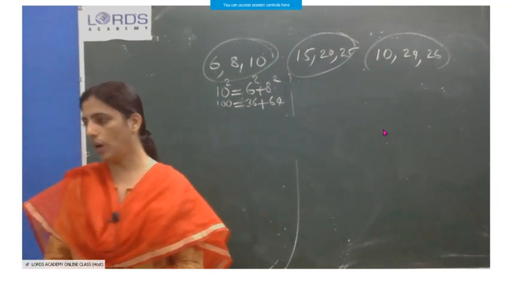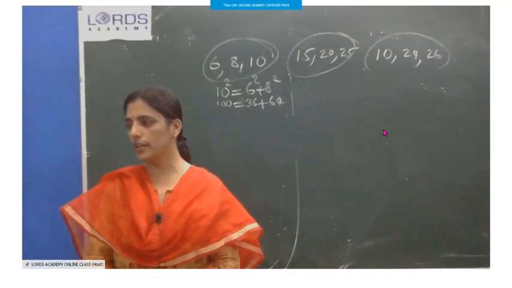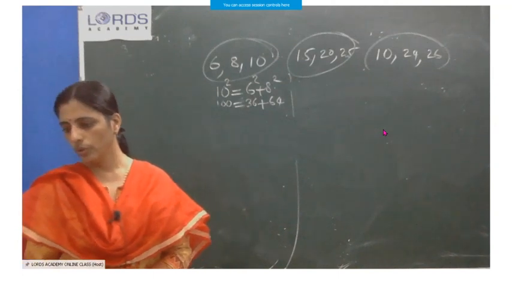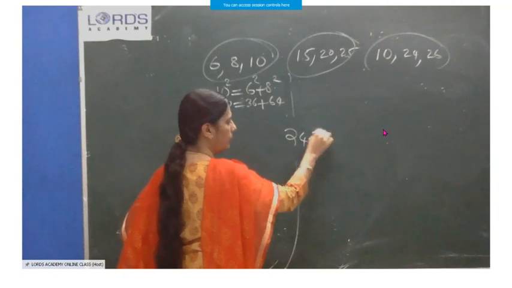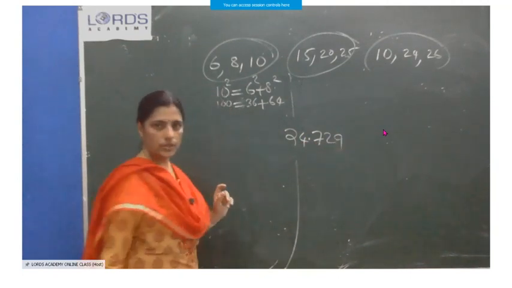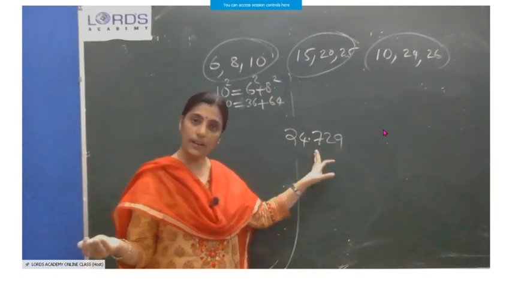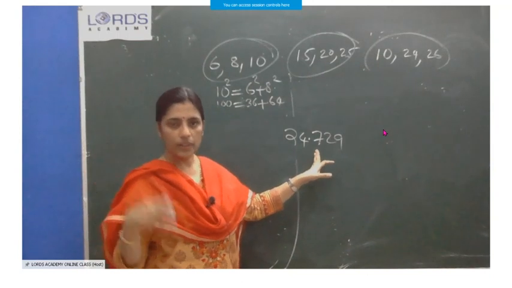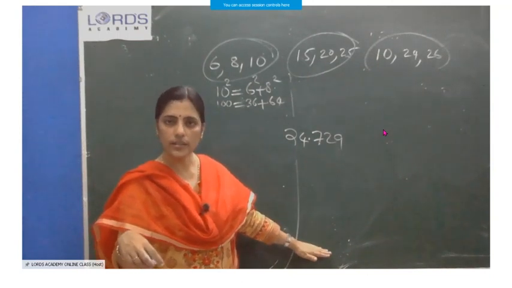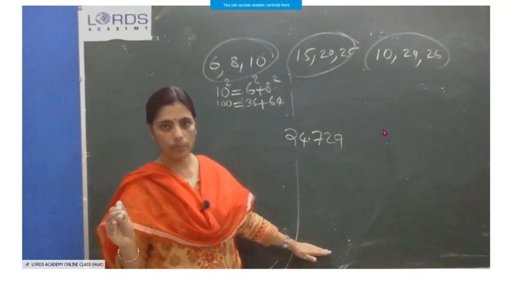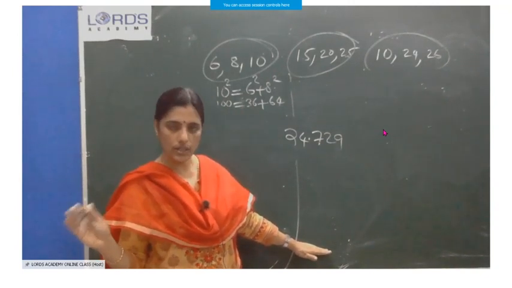Find the square root of 24.729. I am not doing this question again. For decimal numbers, we have done many, no problem for us. But here what happened? Do you remember? We are not getting the remainder as 0. First time, we are not getting the remainder as 0.